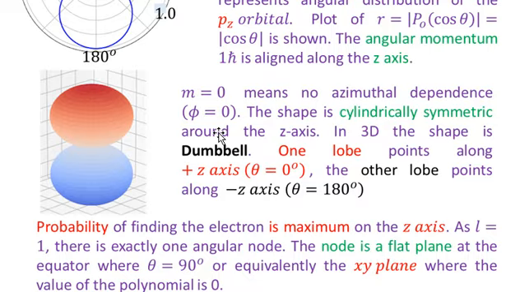So when m is equal to 0, of course the azimuthal dependence will disappear. The shape is cylindrically symmetric around the z-axis.